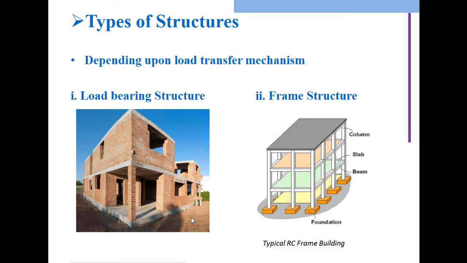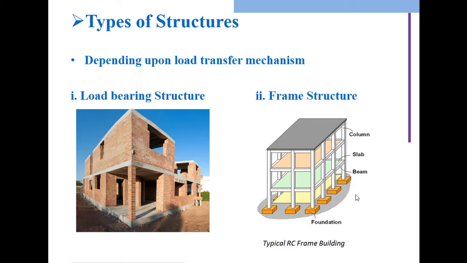If your structure is a load bearing structure, the earthquake load will impact it with different kinds of loading where you cannot withstand your structure properly. The frame structure consists of the foundation, as you can see over here, beam, then slab, then column, and the top floor.